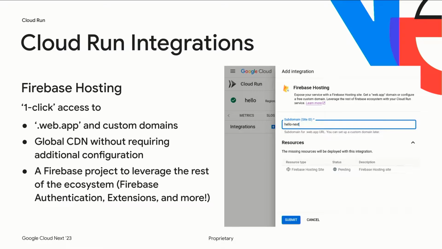Cloud Run Integrations is in preview, and we launched the Firebase hosting integration a couple of months ago into preview as well. And it gives you one-click access to a vanity .web.app subdomain, as well as free custom domains, and access to a global CDN that requires effectively no additional configuration. And I've got a little demo of that I'll show you guys here shortly.